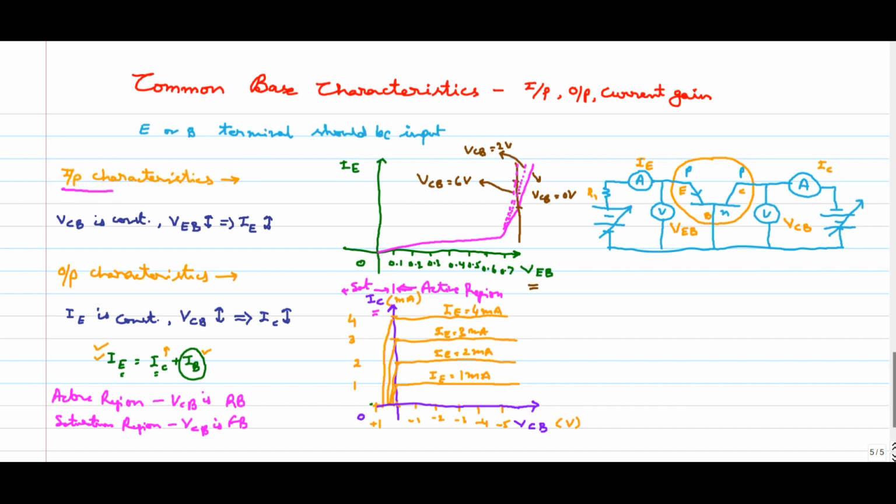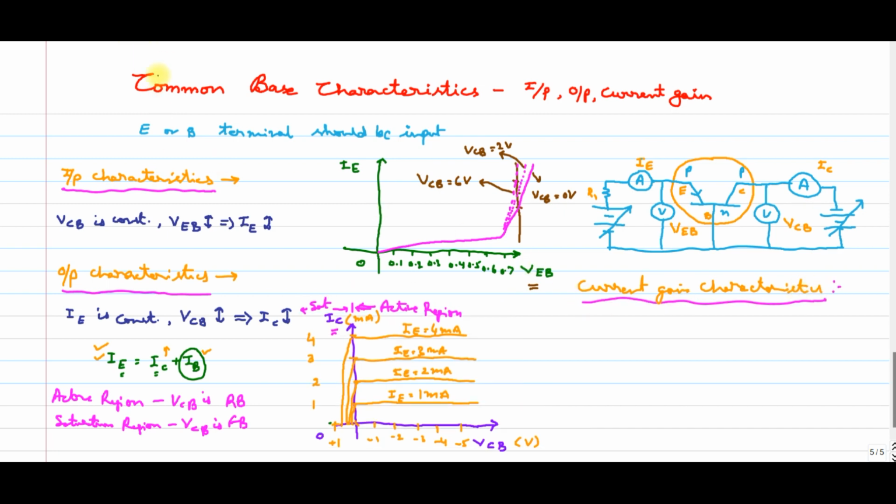Now let's move on to the current gain characteristics. So coming to current gain characteristics, here we need to draw the characteristics between two currents, input current and output current. Let us see how it will be.